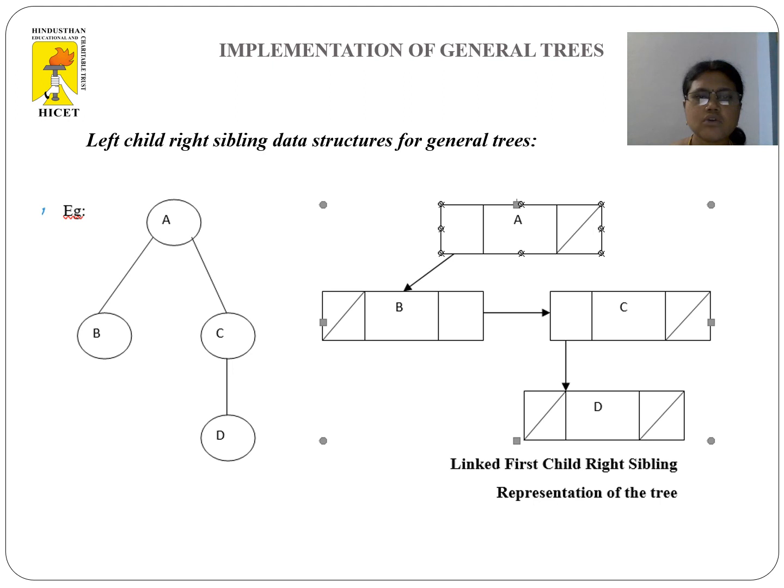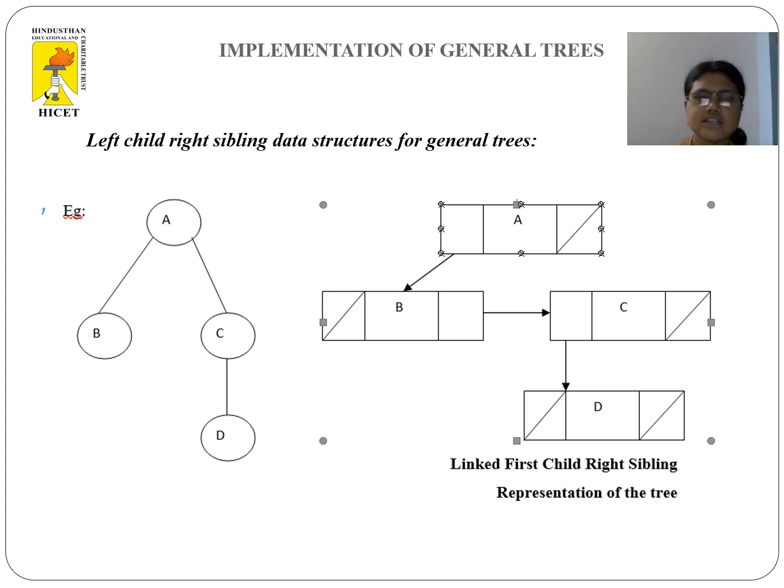As it is a parent node, it doesn't have any siblings, so the right child has been marked as null. Getting to the second level, we have two children B and C. The left child of A has been marked as B, and B does not have any children, so its left child is marked as 0.